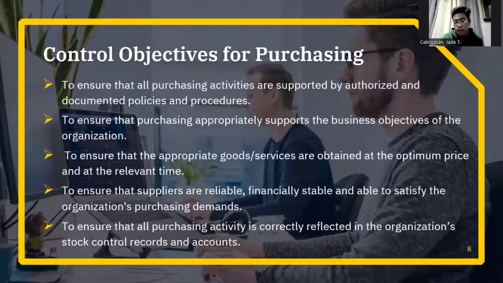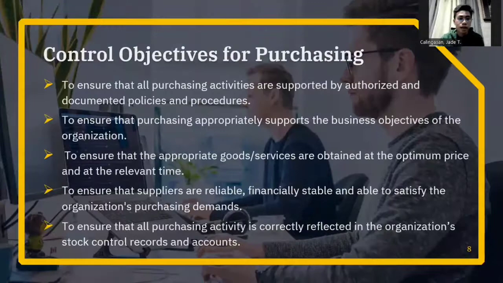Ang concern kasi natin sa part na ito is bilang isang company na gustong magpatuloy o lumago yung business sa mga susunod pang panahon, or yung going concern principle, dapat stable din yung mga supply. Kaya mahalaga rin na yung mapipili nating supplier ay reliable, financially stable, and able to satisfy the organization's purchasing demand. And lastly, dapat daw properly reflected or recorded yung mga purchasing activity sa mga records or accounts.